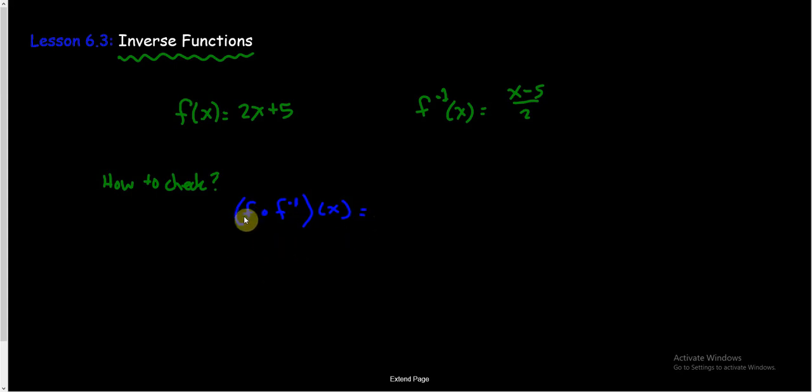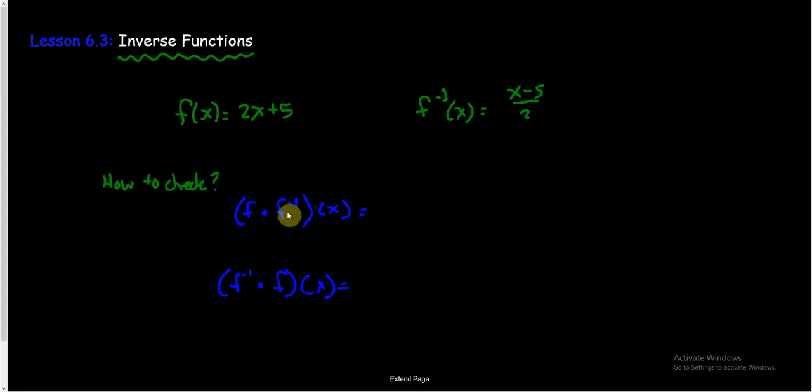Let's check f of f inverse of x, and let's check f inverse of f of x. We will check both directions, because remember last lesson, the order matters, these shouldn't be equal, but maybe in special cases it will be. Let's see as we bear this out in today's lesson.